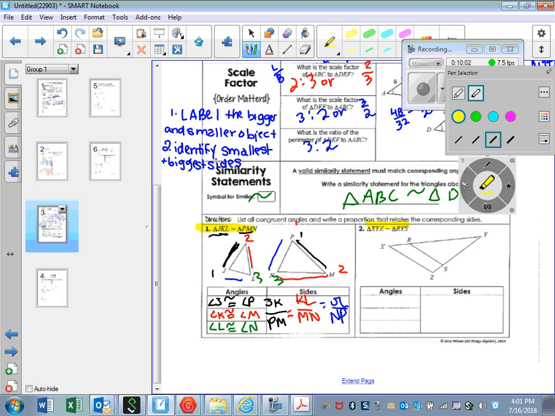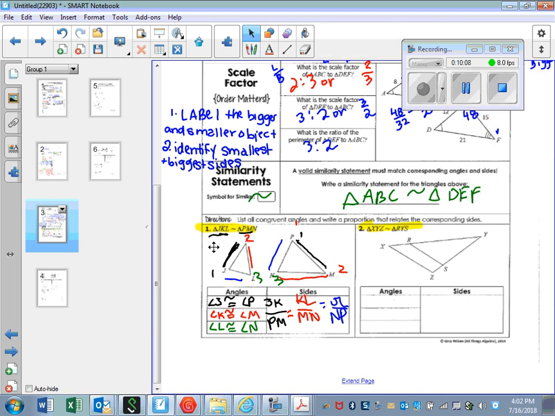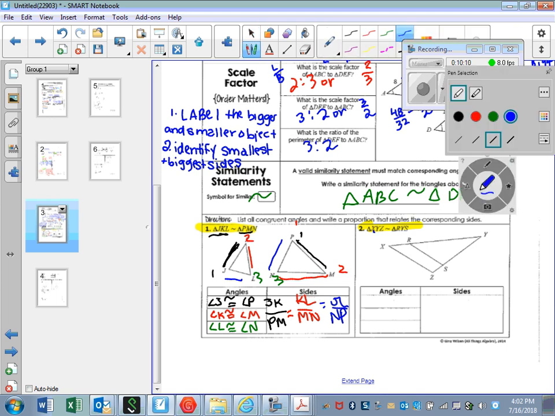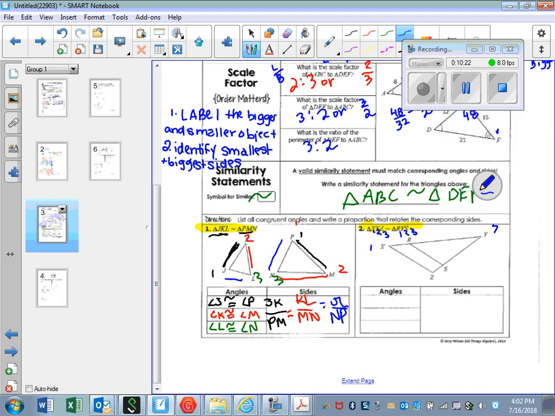You can start right here and label those triangles. Go 1, 2, and 3, and then again after the second triangle. So X is 1, Y is 2, Z is 3. For the next one, R is 1, Y is 2, S is 3.